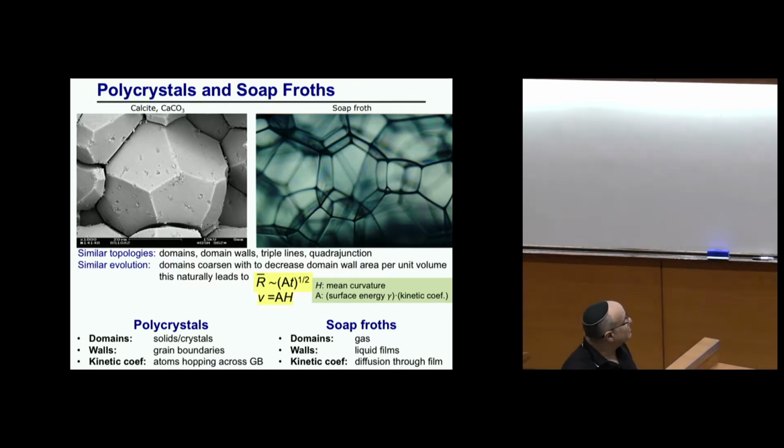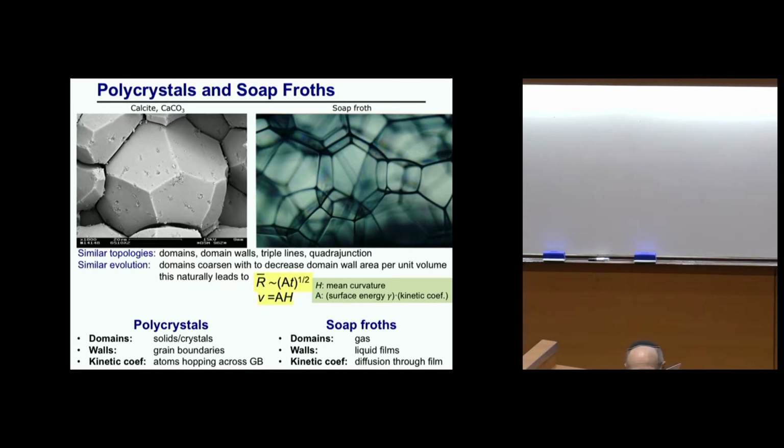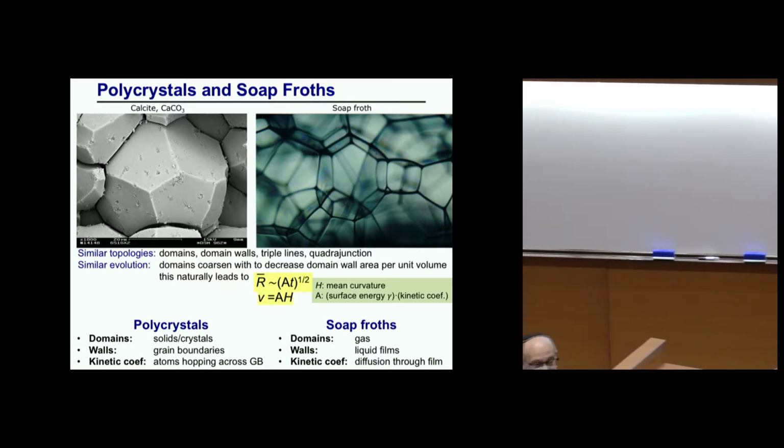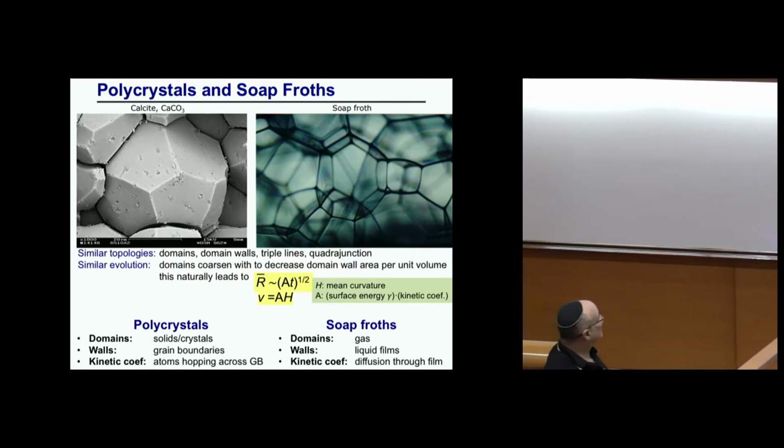So the evolution of both of these structures is basically mean curvature flow. And since it's mean curvature flow, we're all very happy because in mathematics we know a lot about mean curvature flow. Okay? What I'll show you is that mean curvature flow is actually just a model for this. It does some things right, but it's pretty incomplete, and I'll try to make the point of why that is.